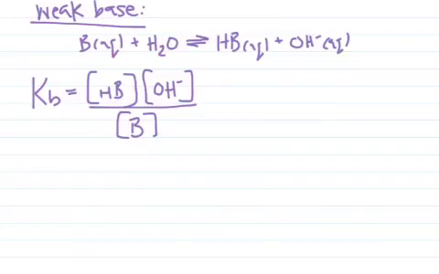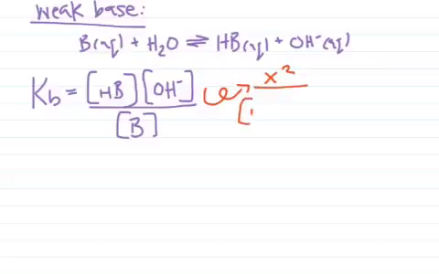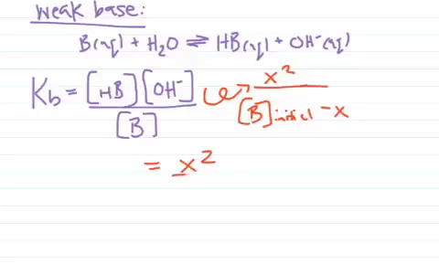We know that for our weak base, we have the association equation and the Kb expression. Since we know we're working with a weak base, we can just assume that x squared, which is our acid and our base, over B initial minus x, is actually just x squared all over the B initial.